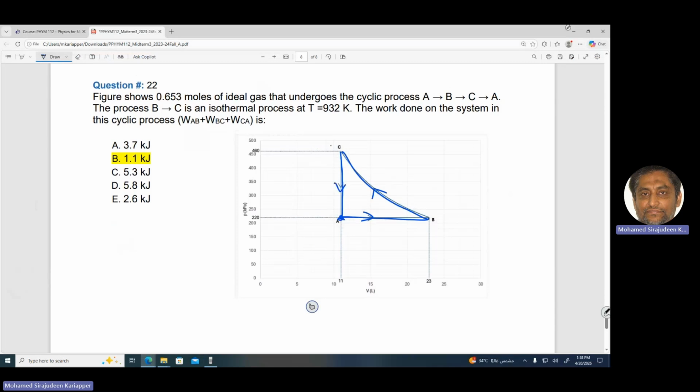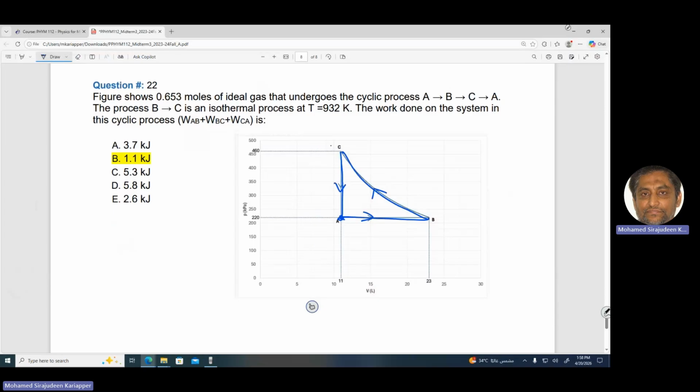Start from A and go around and come back to the same place counterclockwise, right? This is in a PV diagram, P in the vertical axis and volume. And the question is, what is the work done on the system in this cyclic process?